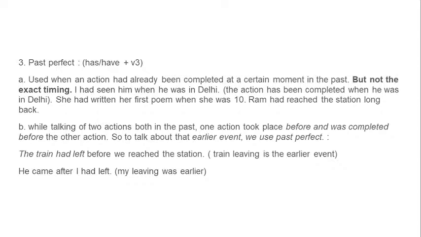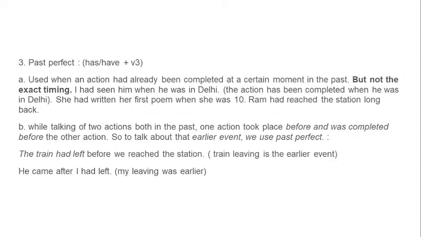He came after I had left. That means what? Two actions, same thing. He coming, one action. My leaving, second action. My second action has interrupted the first one. Okay. And my leaving had already finished.